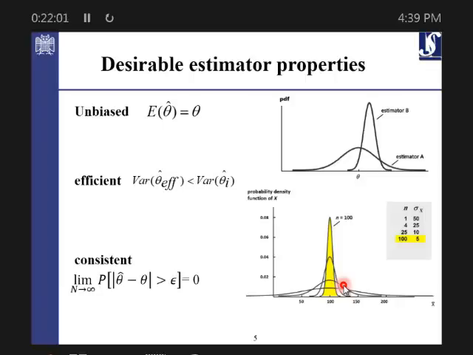In the limit it should be something like a spike, an impulse. And an estimator which, by increasing the size of the estimation window, reduces the variance, going to 0 in the limit, is called a consistent estimator.